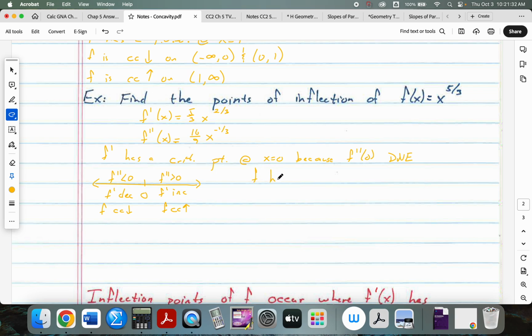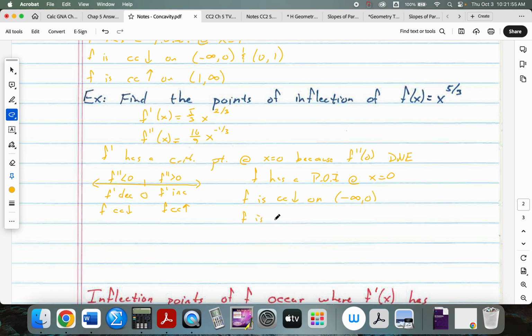So f has a point of inflection at x equals 0. And f is concave down on the open interval from negative infinity to 0.